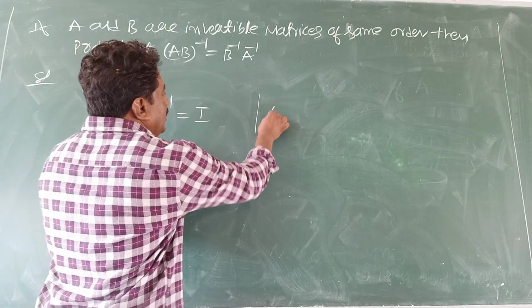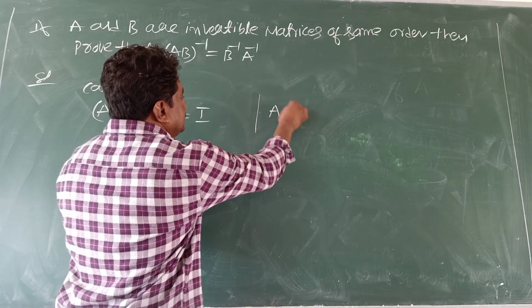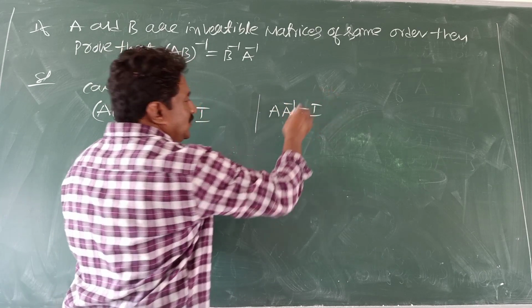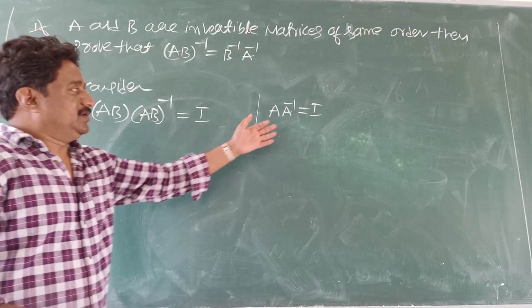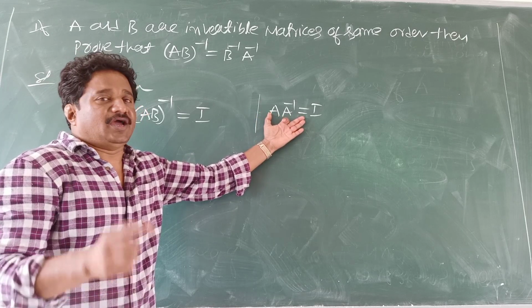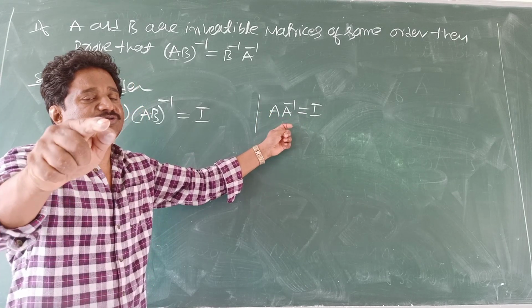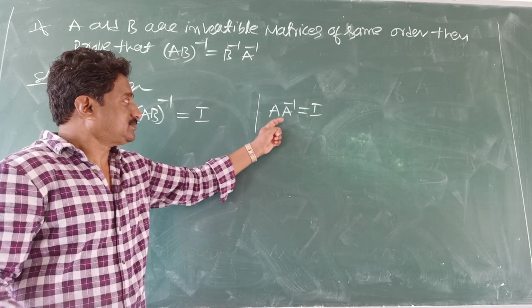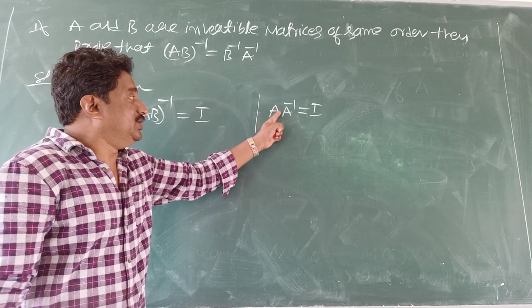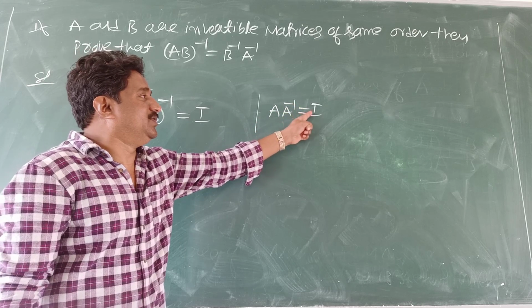This you know very well. A into A inverse is equal to I. I made you write this in your notes. Observe that carefully first: matrix into its inverse is equal to I.